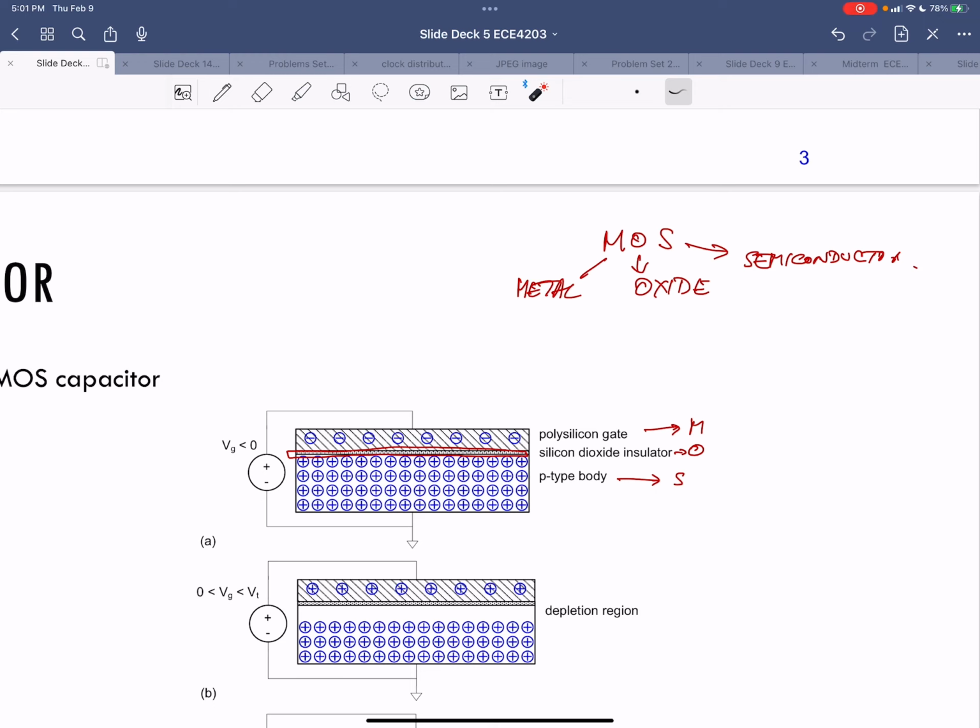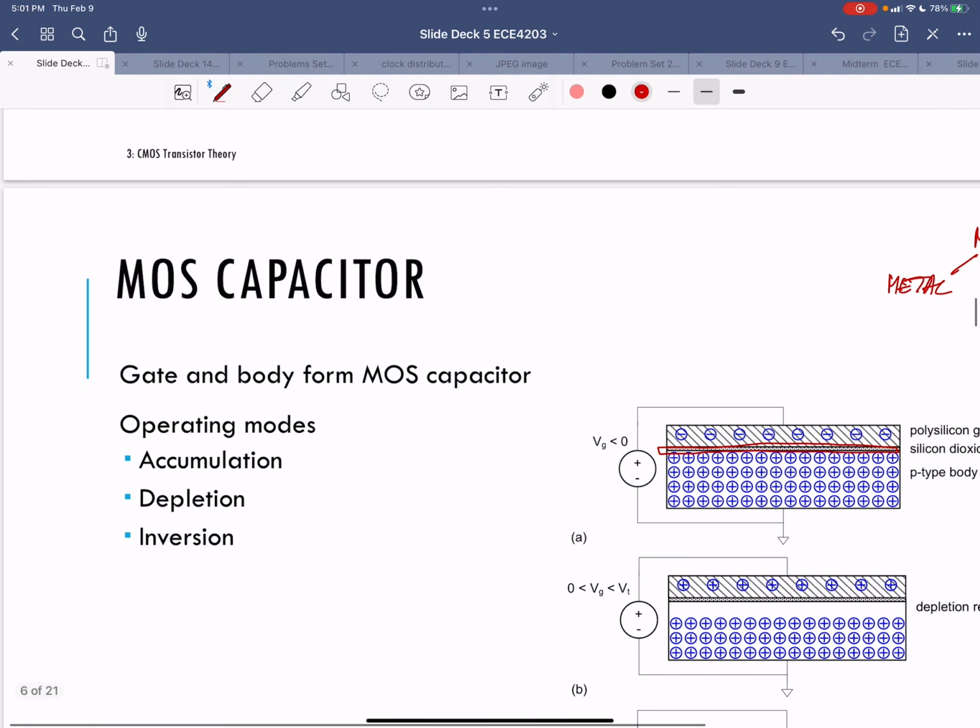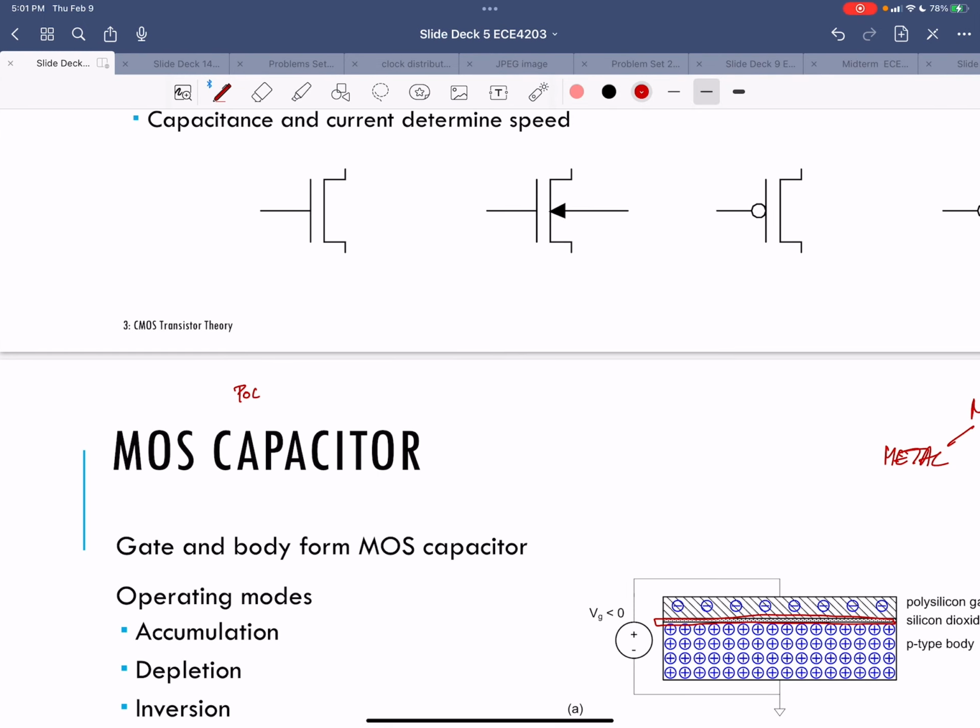By the way, polysilicon is still silicon, but it's not in crystalline form. You can have silicon in crystal form, which means you have a very, very well defined structure for your material.